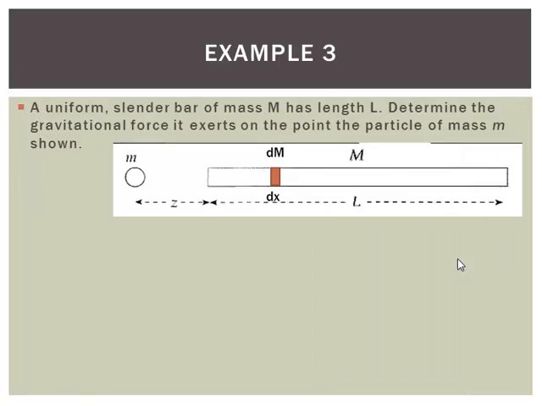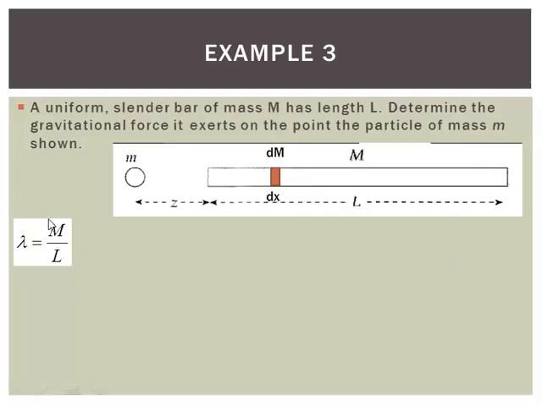So we have a uniform slender bar of mass M and length L, and we want to determine the gravitational force it exerts on the point particle of mass m shown. Sorry, a bit of a typo there.